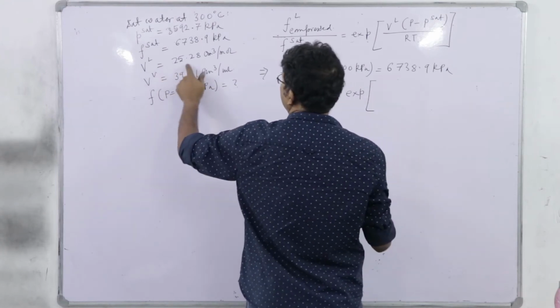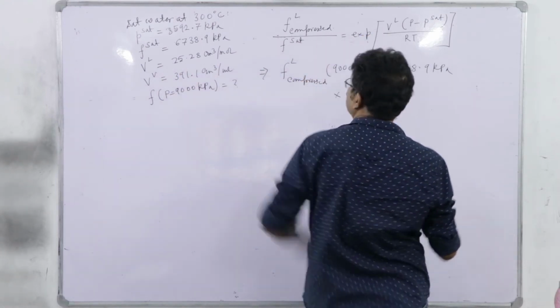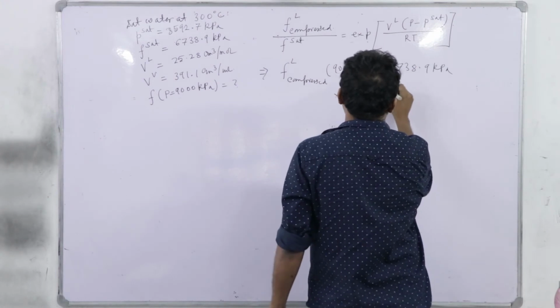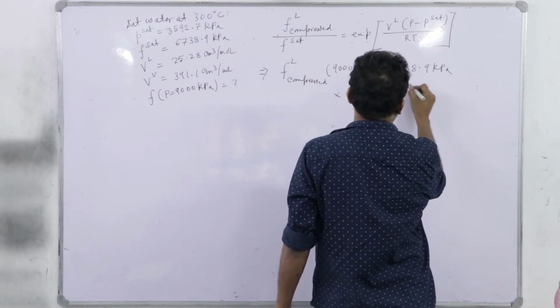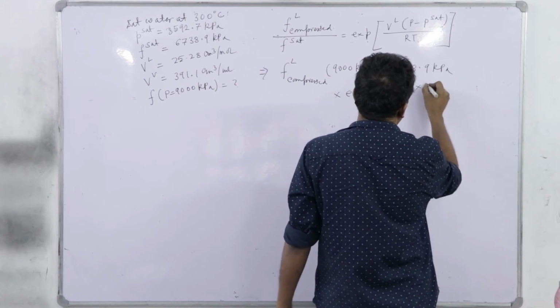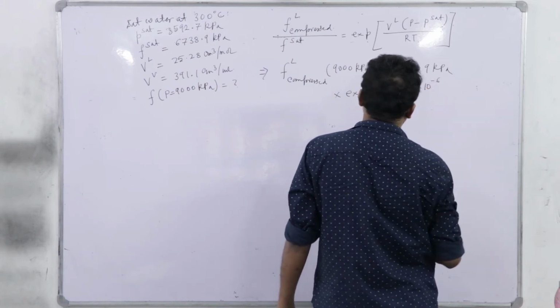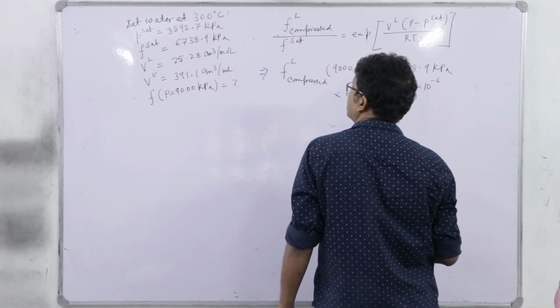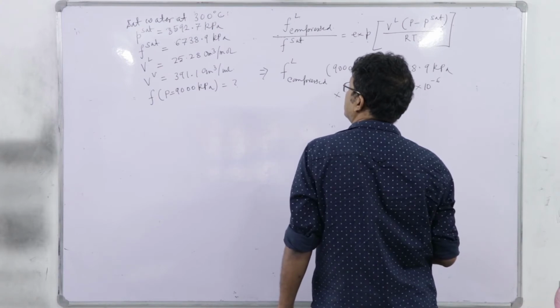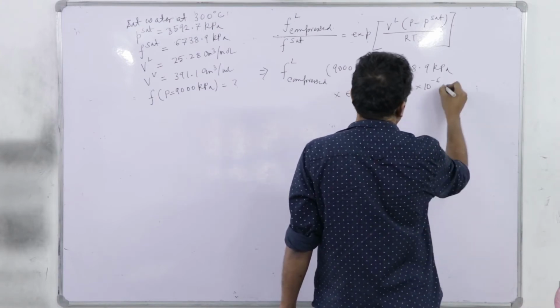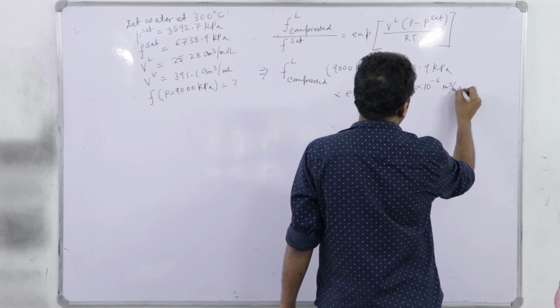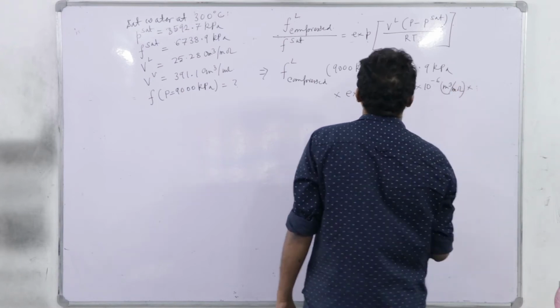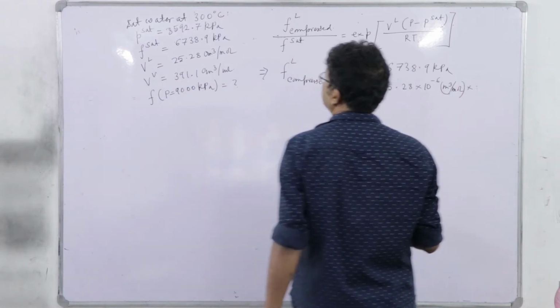Now, VL, this is also the molar volume, is 25.28 centimeter cube. So, it is 10 to the power minus 6 meter cube, right, 25.28 into 10 to the power minus 6 meter cube per mole, multiplied by P minus Psat.